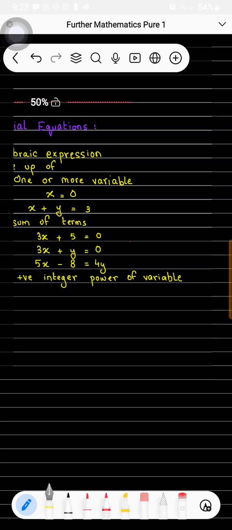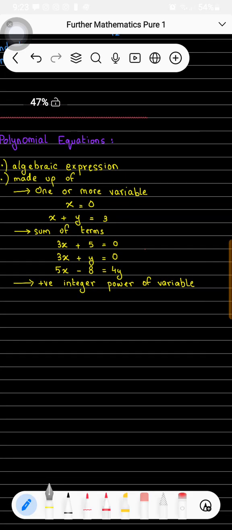In the third condition there are two conditions. First, the power should be positive, and second, the power should be an integer. Let's have examples here.